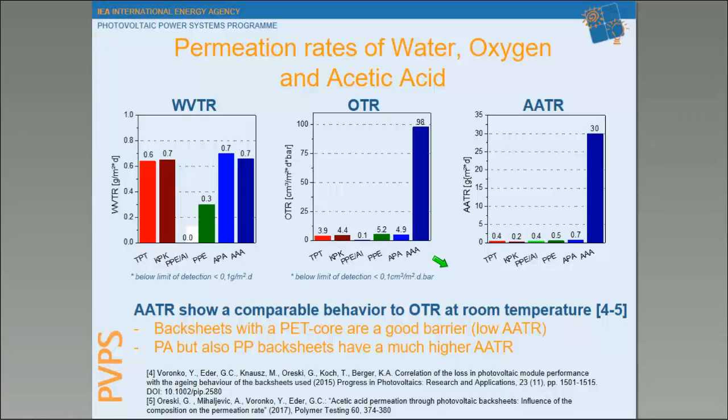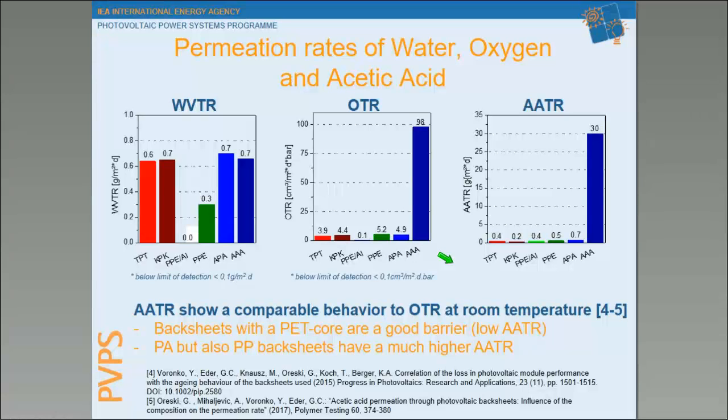What was interesting is that the acetic acid permeation is somehow linked to oxygen permeation. So when we have high oxygen transport rates, then we will have high acetic acid transport rates, and vice versa. And here this is an older material, a pure polyamide material that showed this very interesting behavior where we had selective permeation properties.